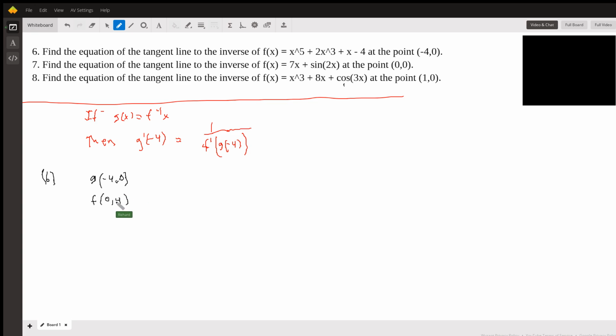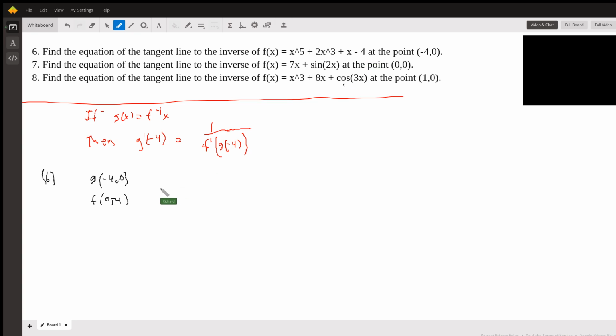But when you reflect over the line y equals x, you switch the x and the y. Okay, so now we know that, that should be a -4 there. And you can see that if you plug 0 into f of x here, you're going to get -4. So that gives you some confidence here.